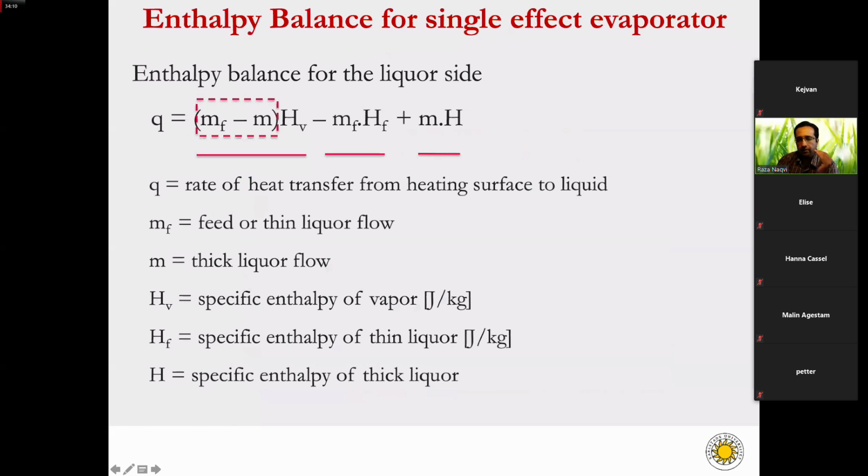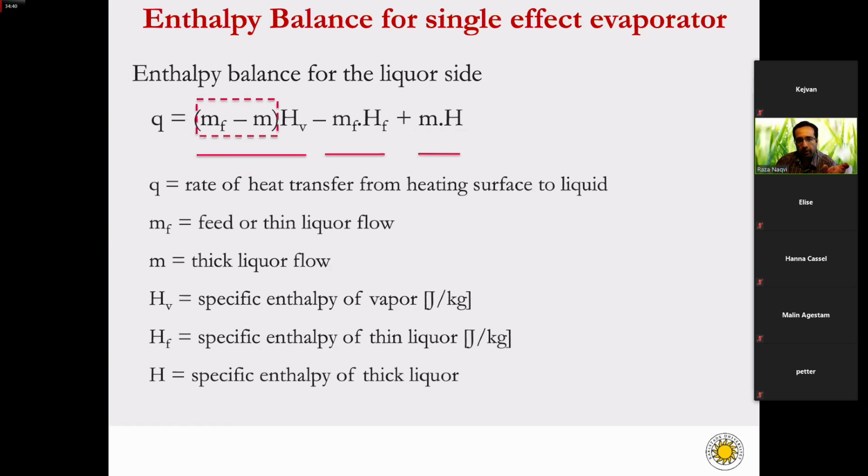Sometimes you have a feed at a temperature of, let's say, 25 degrees C, but at 25 degrees C there is still a little enthalpy. So we have to consider any little part of energy that is carried by the feed. So this is the flow rate of the feed times the enthalpy of the feed, plus the enthalpy of the thick liquor, right?